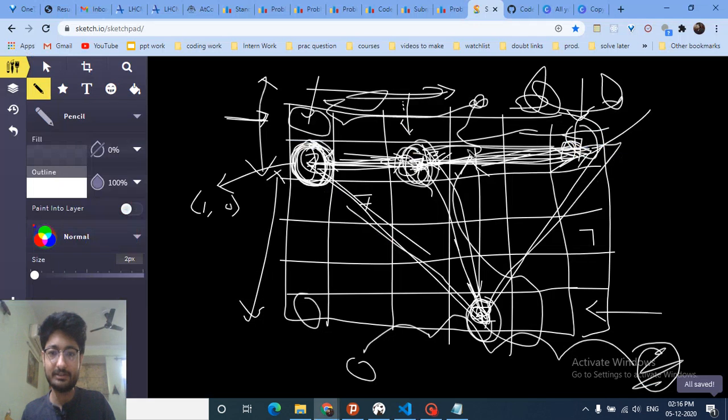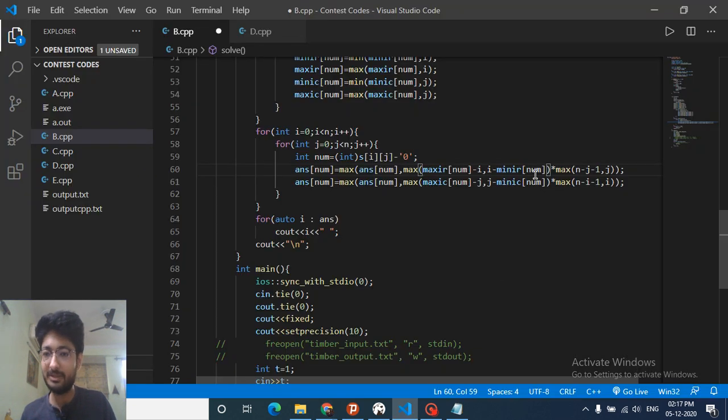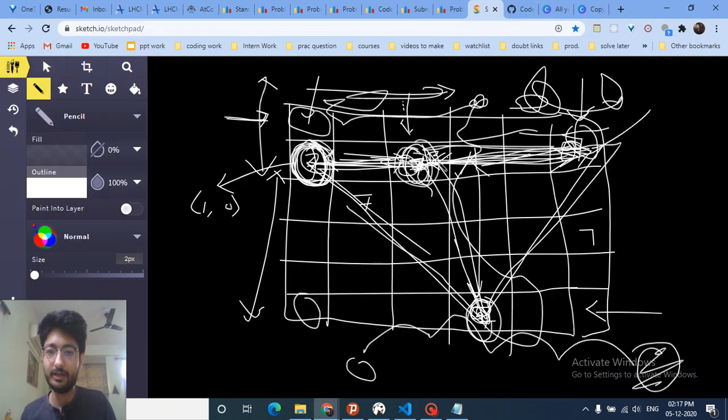So I have to find the maximum position minus my current position, that can give you the base length, or my position minus the minimum position. This will give you the base length and this will give you the height. So height can be my current coordinate minus the board length.